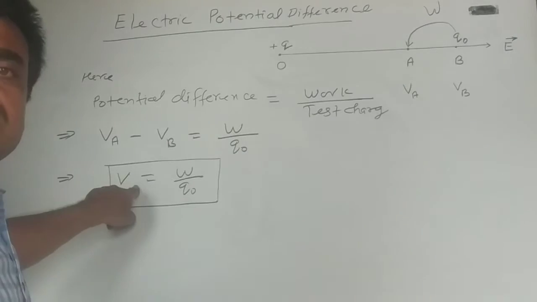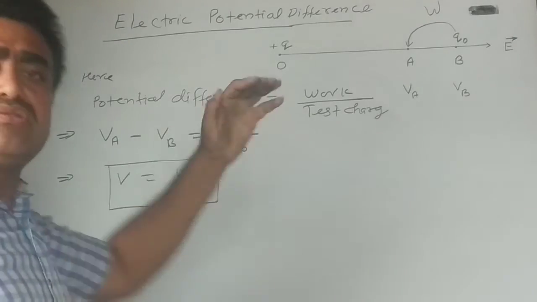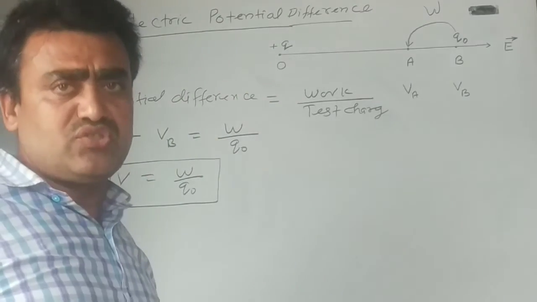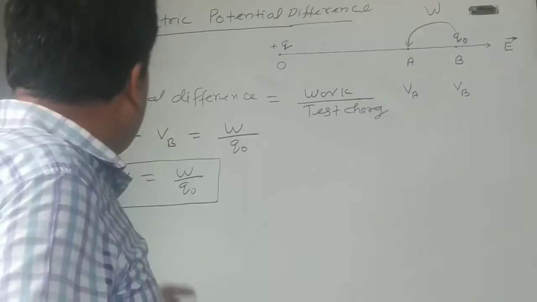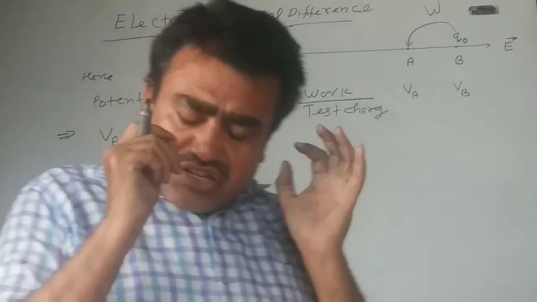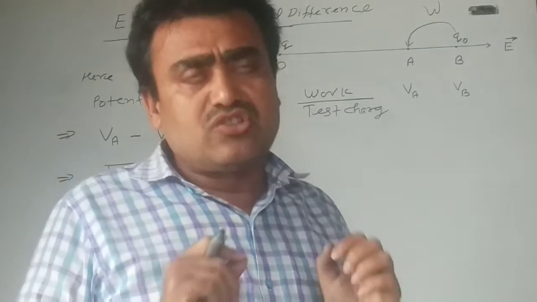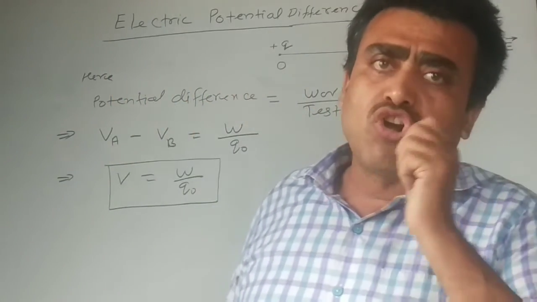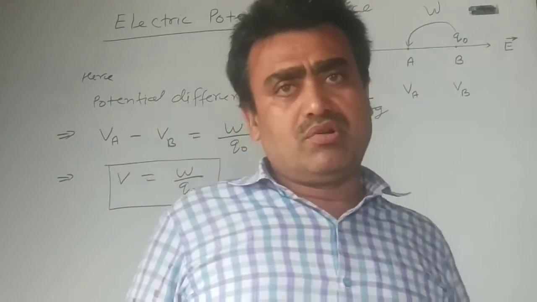This is the same expression as electric potential. So, the unit of electric potential difference is also volt or joule per coulomb.